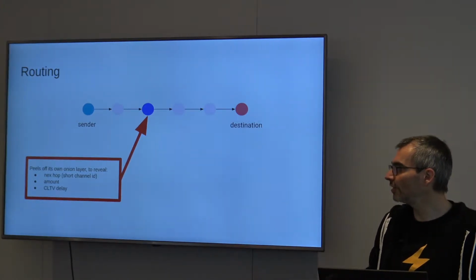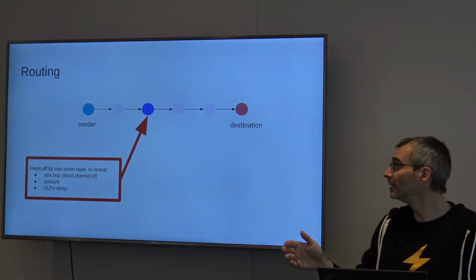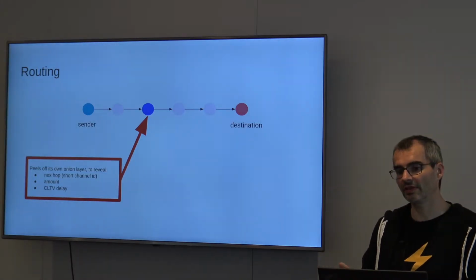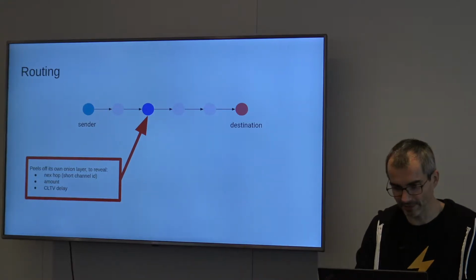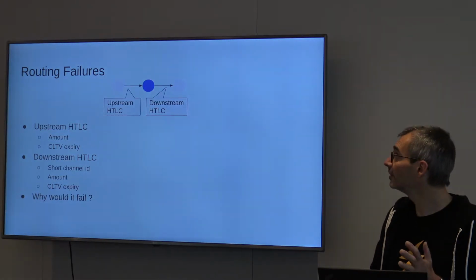When you receive a payment, you peel off your onion layer and it reveals the destination, the next hop, the amount, and the CLTV that you're supposed to use when you forward the payments. So basically you get this.